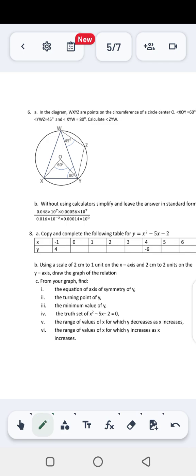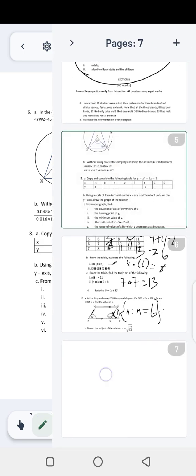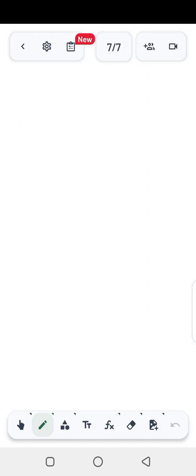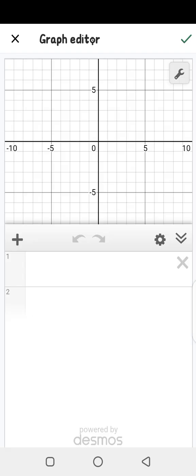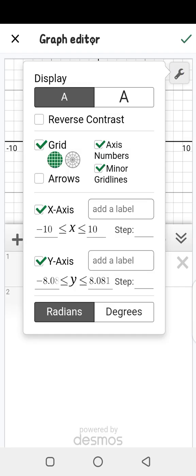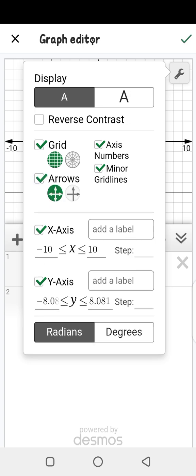So let's go to a new sheet so that we can graph this. Okay, so we go to the function, the graph editor, it's loading, then we make some changes to our graph.